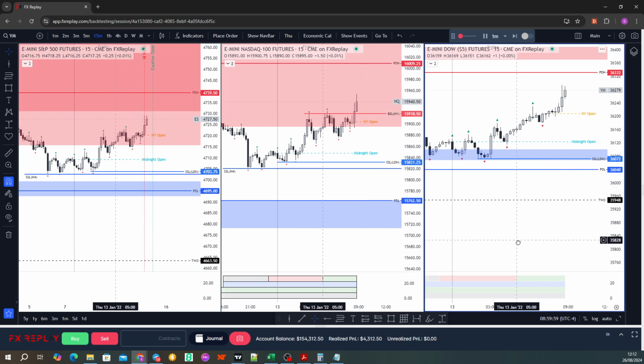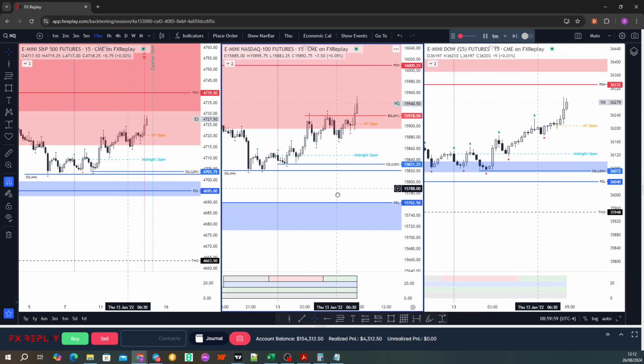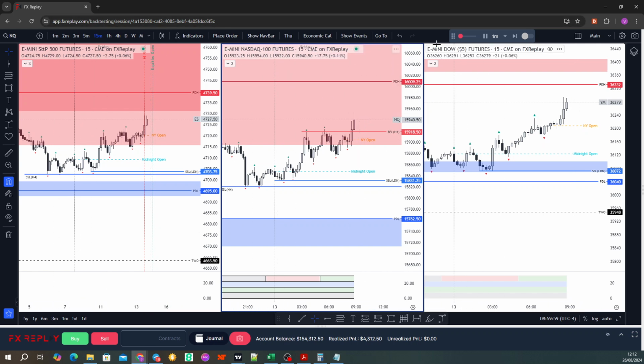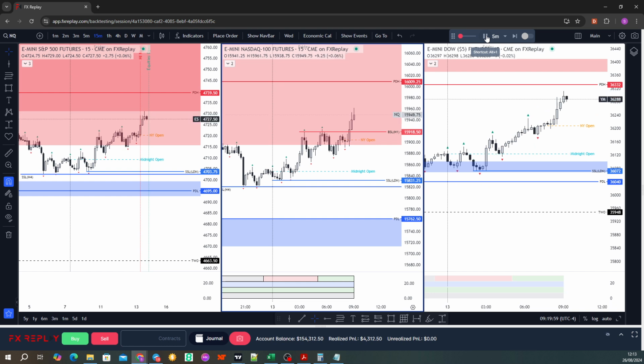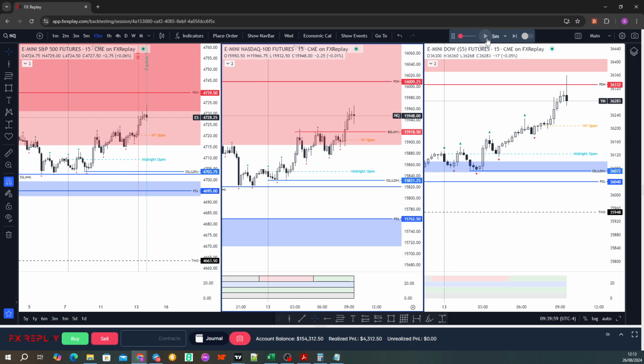Not as volatile PPI as probably envisaged. So I'm going to play on, see if we get a purge of the previous day's high. Come into equities open, which will add some volatility, no doubt. Okay. Right. Okay.